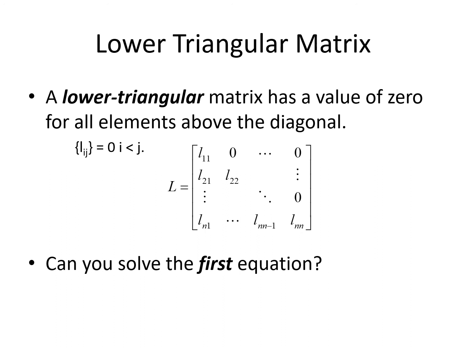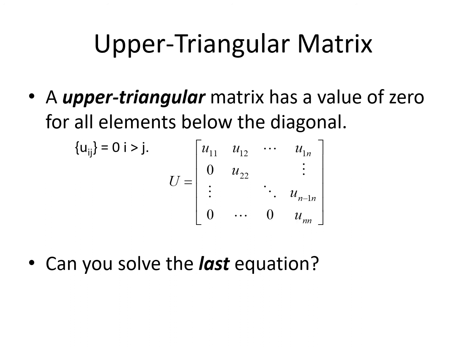So such a type of matrix is called a lower triangular matrix. So here's the question. Can you solve the first equation? The answer is no, because here we have only one element, that is L11. So you may directly find its value from its right hand side.